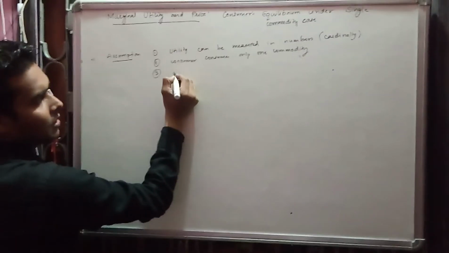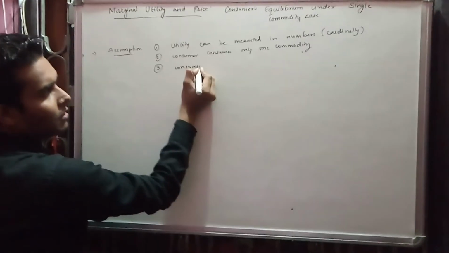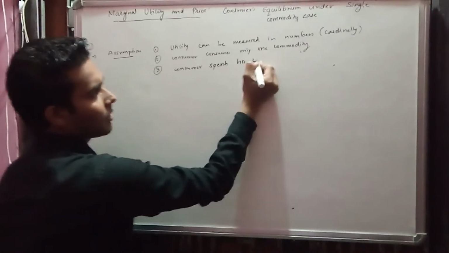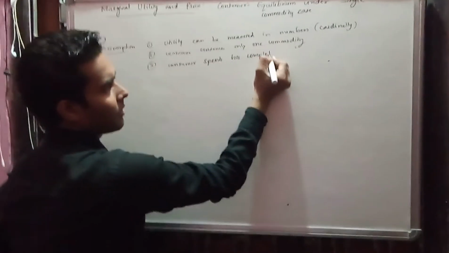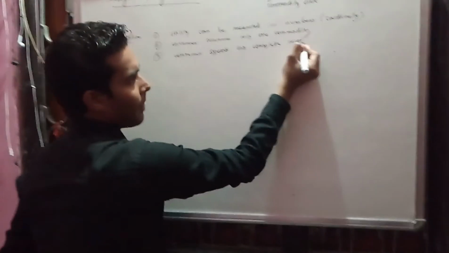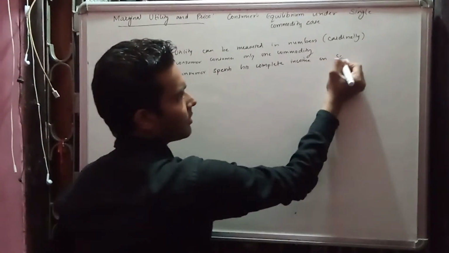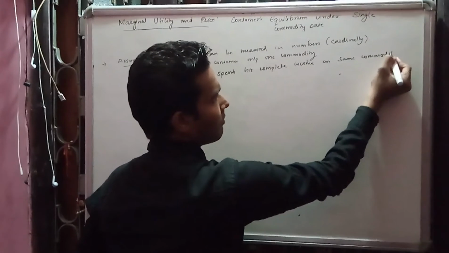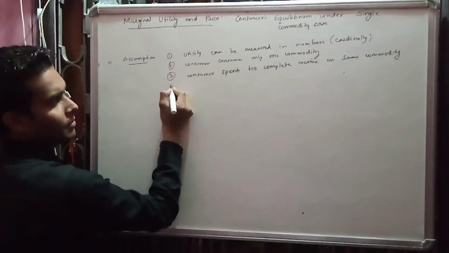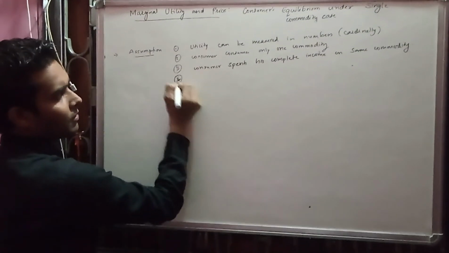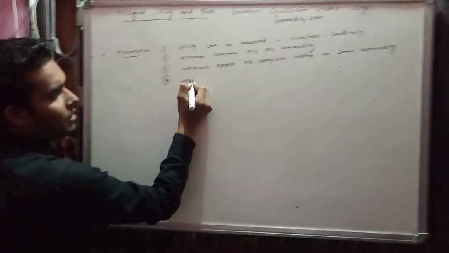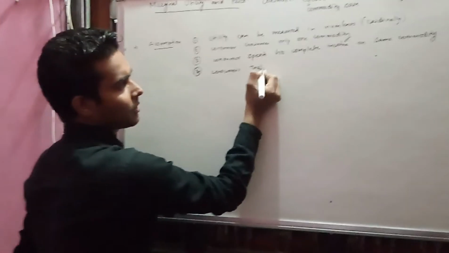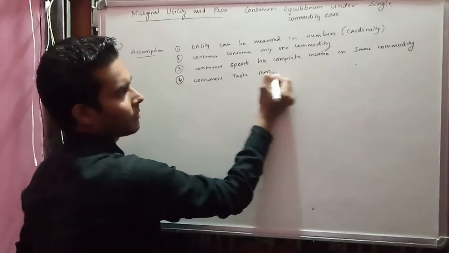Third, the consumer spends his complete income on the same commodity. Fourth, the consumer's taste remains the same.